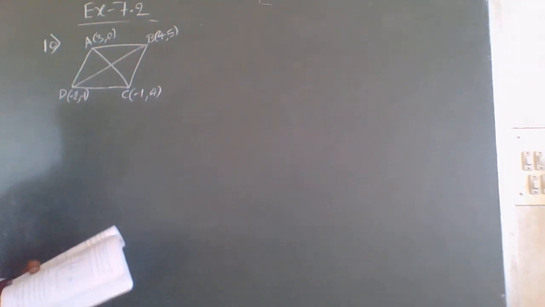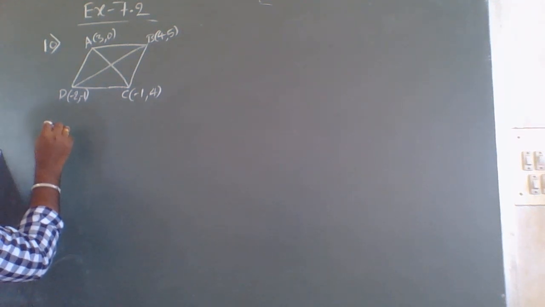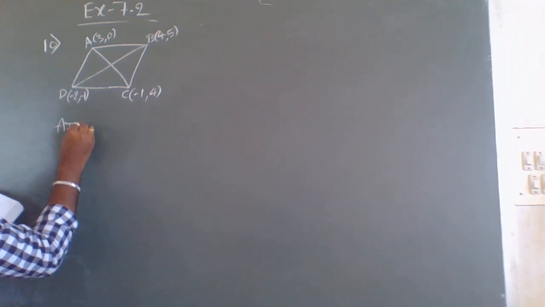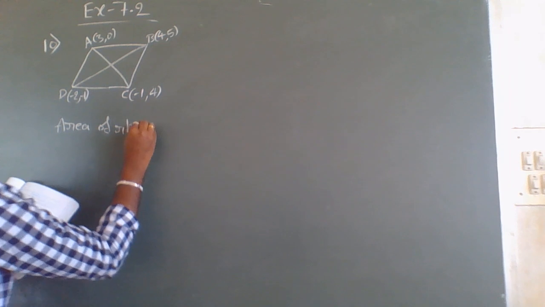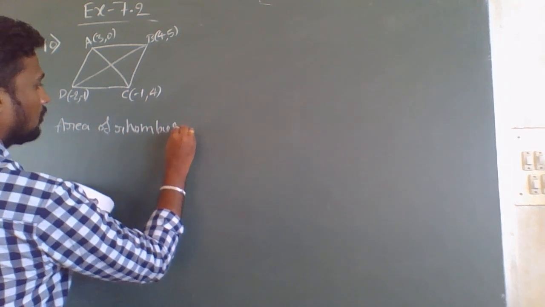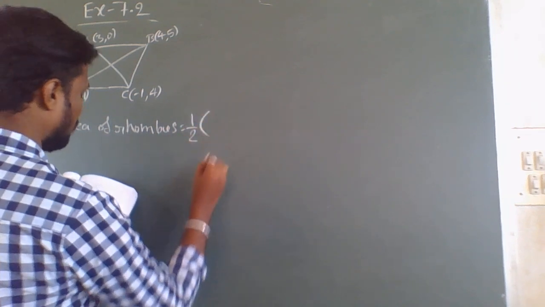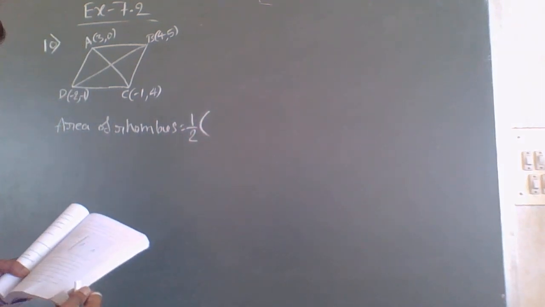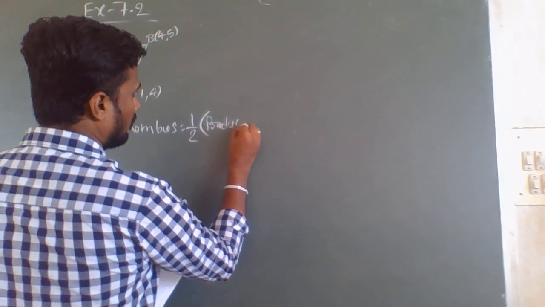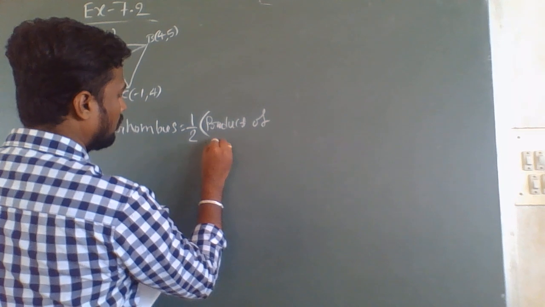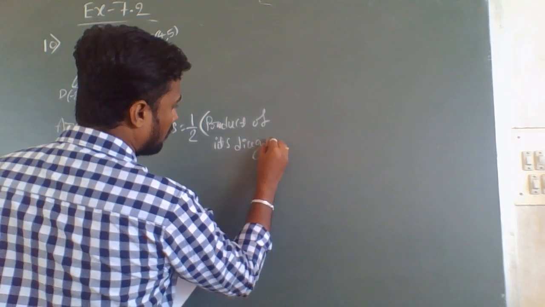And to find the area of this rhombus, they have given one hint here. What is that? Area of rhombus equals half into the product of its diagonals.